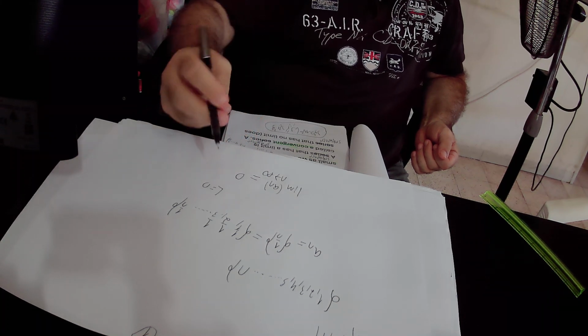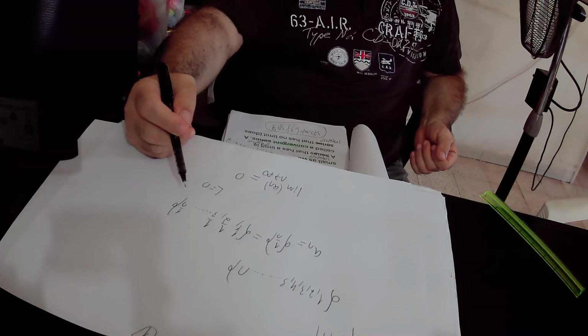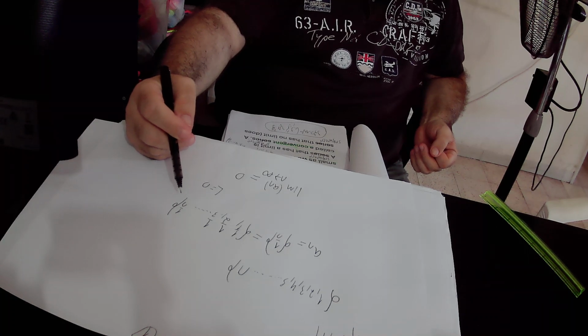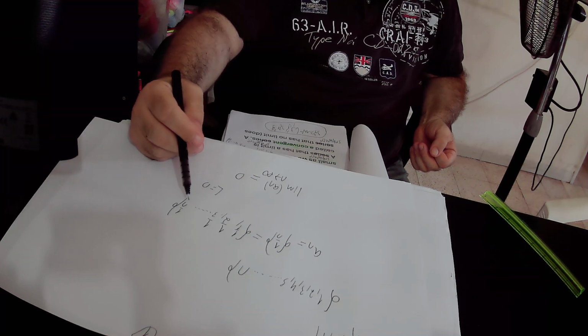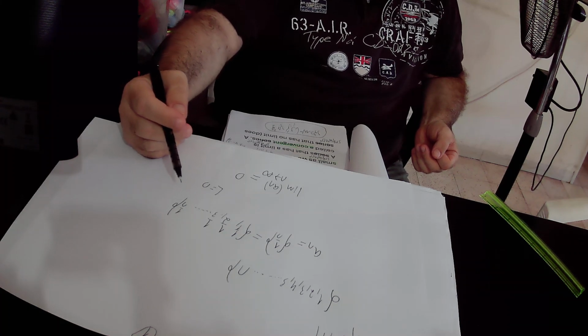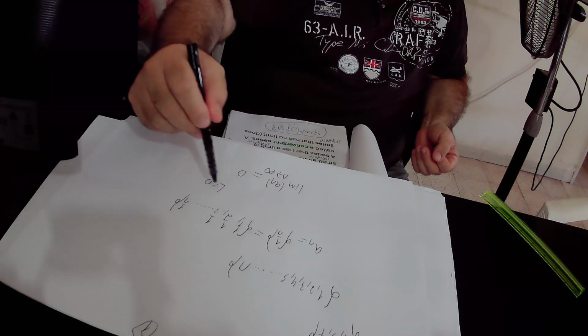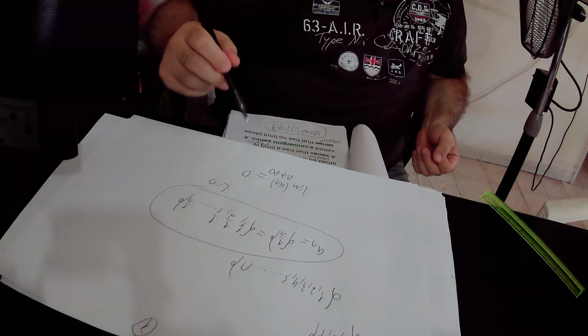Why? Because whenever n increases, the members of this sequence are getting closer and closer to 0. Therefore the limit of the sequence an equals 1 over n is 0.